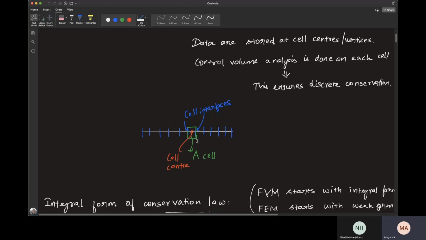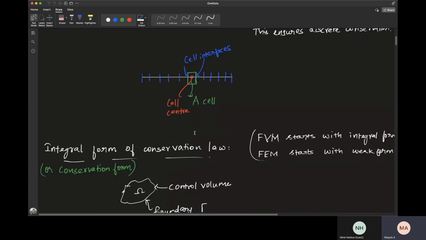Cell interfaces are those boundaries that separate two cells. And this red dot is the cell center. Data will be stored either at the cell center or at cell vertices or interfaces. Primarily we'll be looking at the finite volume method from the point of view of storing data at cell centers.